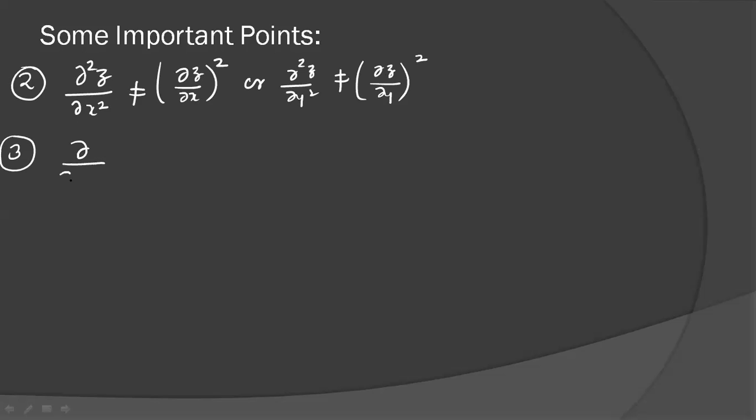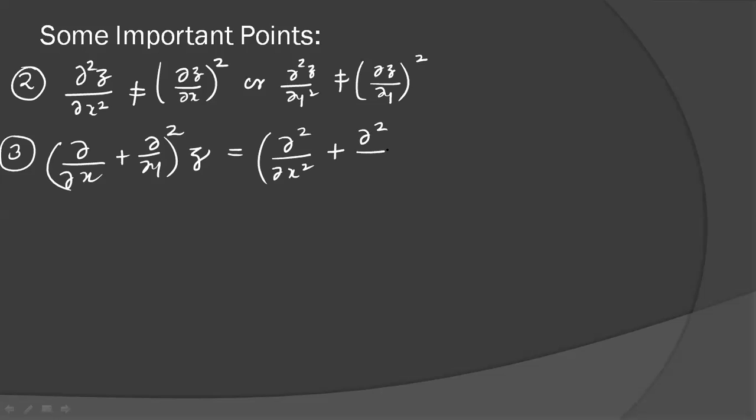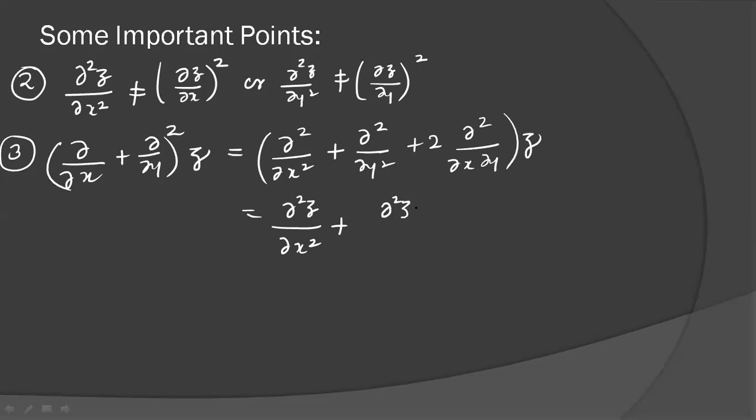If you have (del by del x plus del by del y) whole square and you are operating on z after that, then what will be the formula? If we use a square plus b square plus 2ab, it will be del 2 over del x square plus del 2 over del y square plus 2 del 2 over del x del y. Now if you apply it to z, you will get del 2z over del x square plus del 2z over del y square plus 2 del 2z over del x del y.